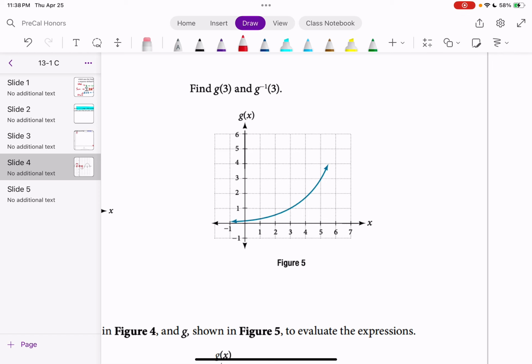Now, for this problem, we have find g of 3 and the inverse g of 3. We'll start with the easy one, which is going to be the g of 3. X is 3. So notice that would give us 1 as that answer for g of 3. For finding the inverse, you have one of two options.